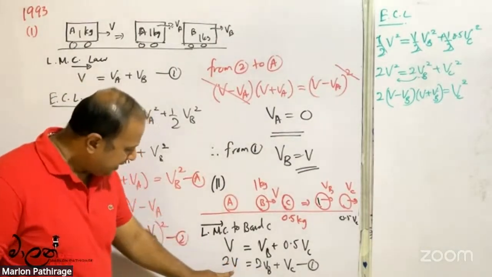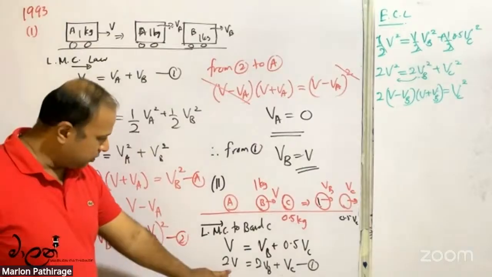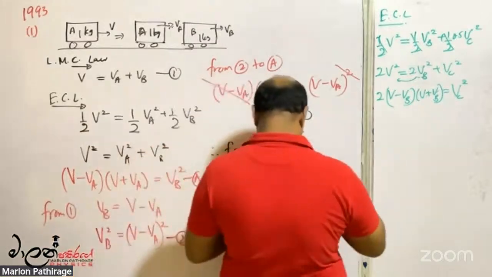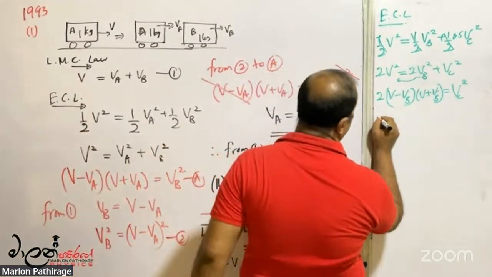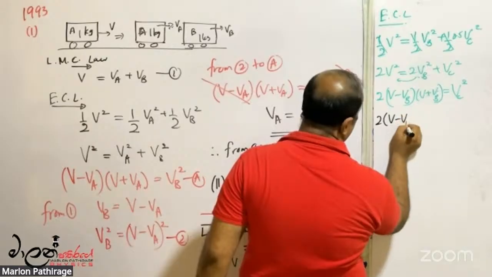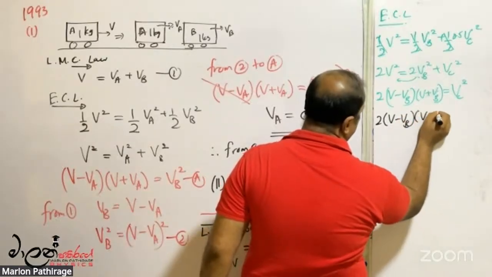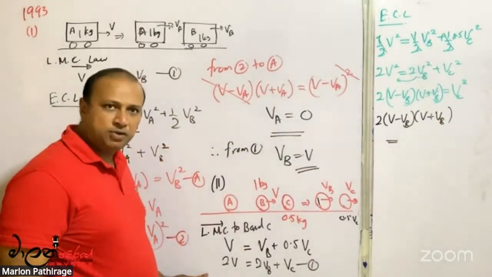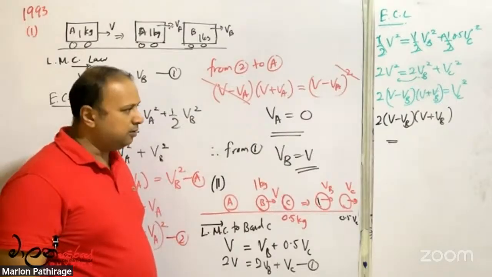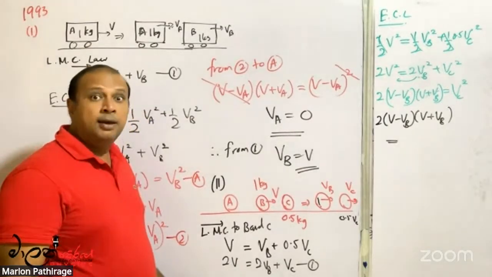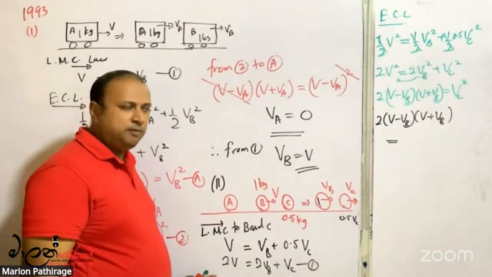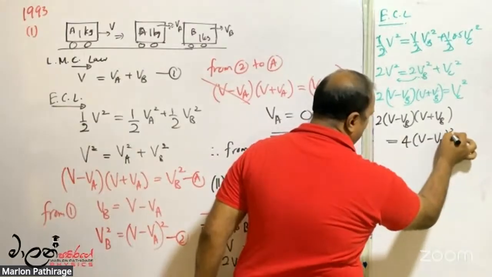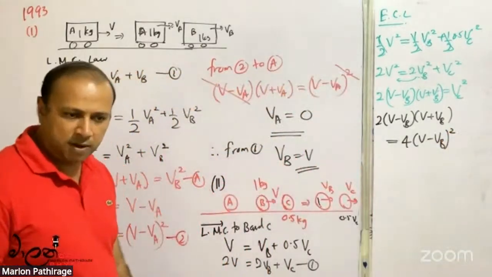Then v_C is equal to 2 times (v minus v_B). Therefore, I can apply it to here: 2 times (v minus v_B)(v plus v_B) is equal to v_C square. v_C means 2 times (v minus v_B), and you have to take the square, which means 4 times (v minus v_B) square.